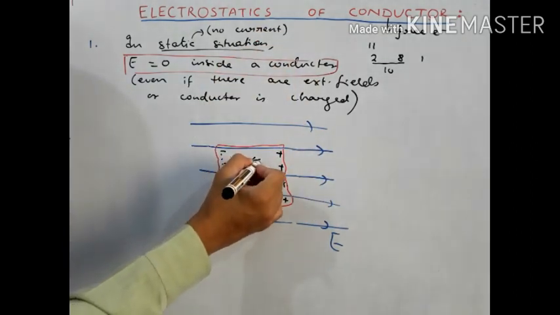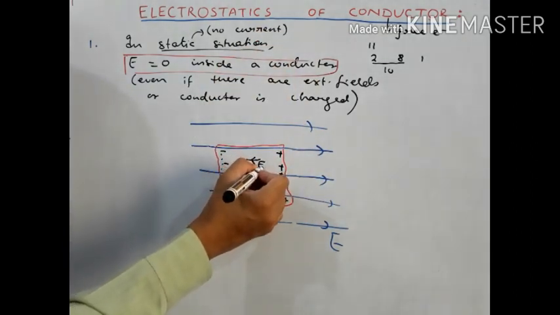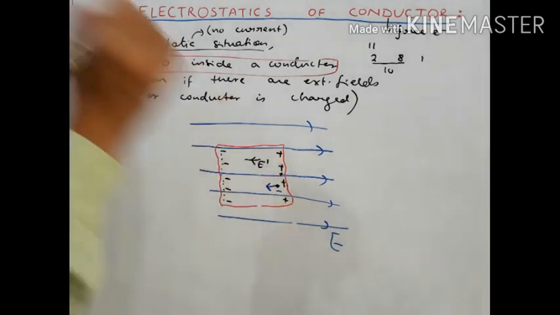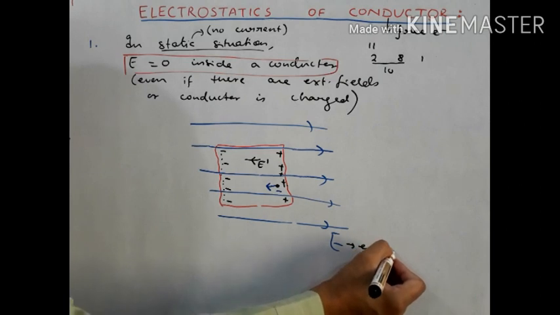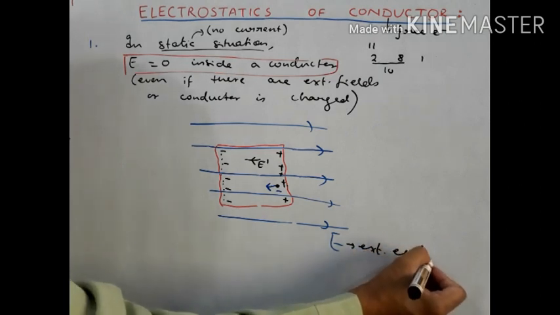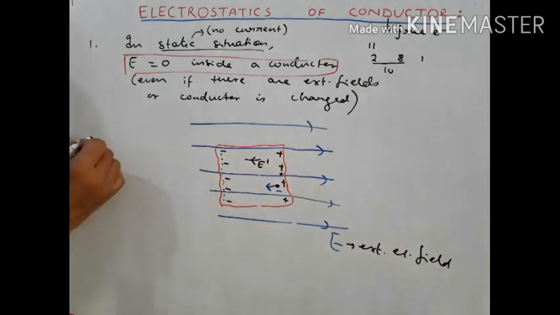This electric field I will write as E dash. Now what is E? E is external electric field. And what is E dash?